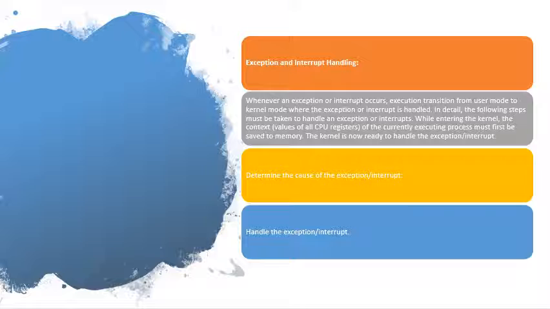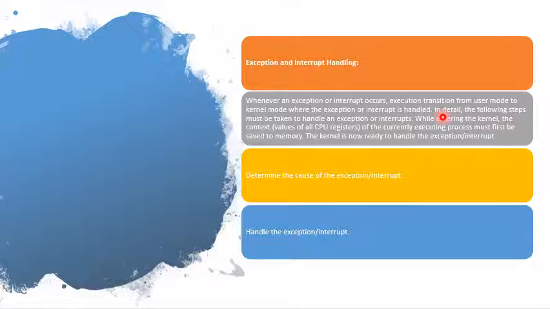So if you consider closely how exceptions and interrupts are handled, when either an exception or interrupt has occurred, the current execution transitions from user mode to kernel mode. So the user will not have any control over the currently running task. When this happens, the exception or interrupt is handled.